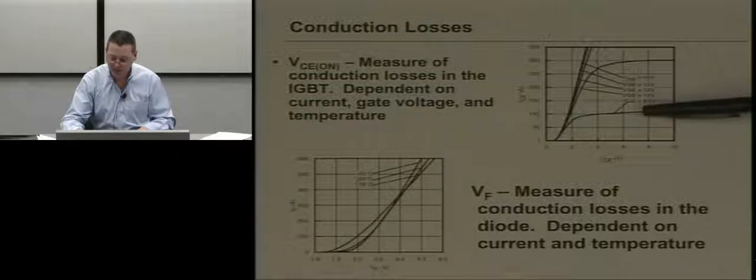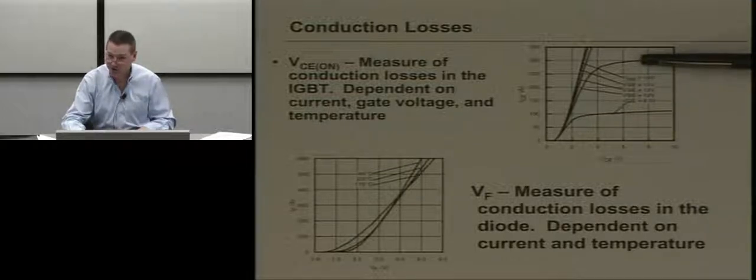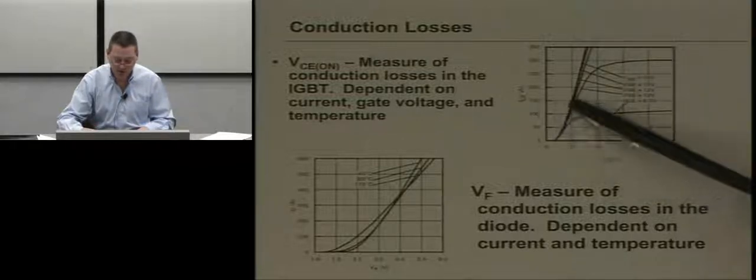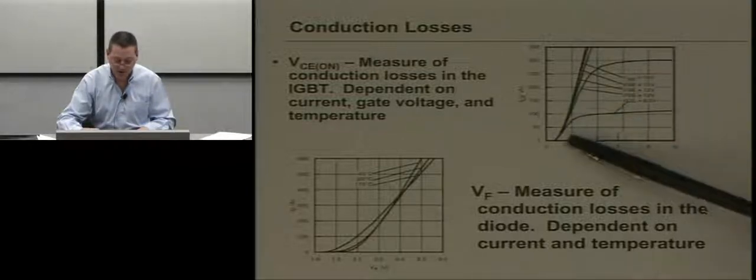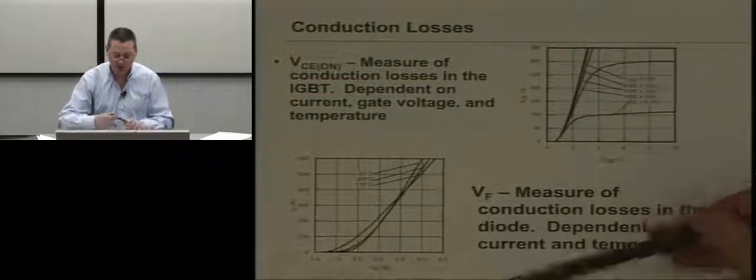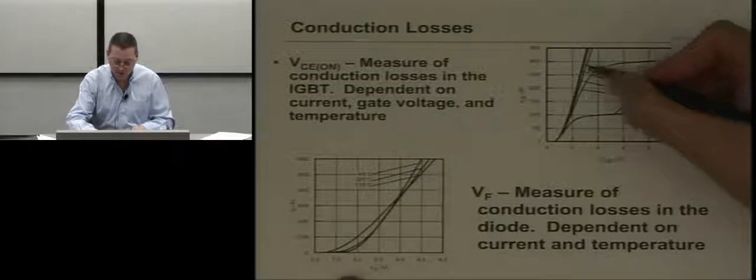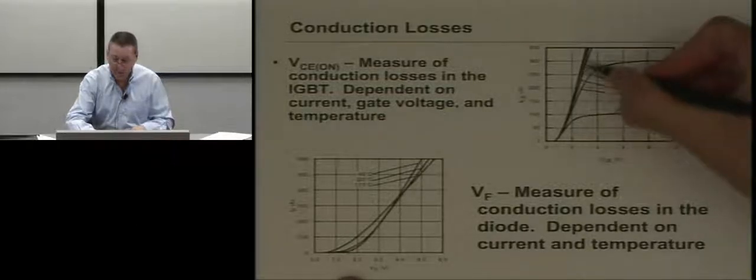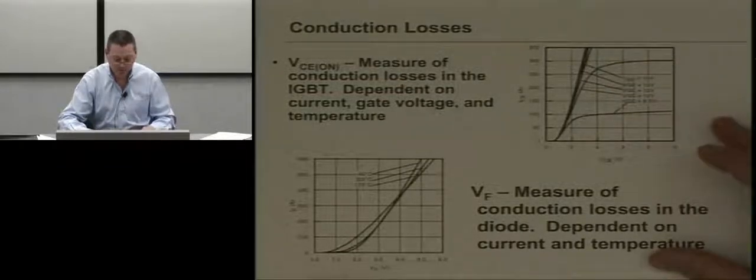You don't have thermal stability across the device to be able to share equally. So these are merely shown as reference. It doesn't imply that you should be operating it in these regions. But this kind of shows the trade-off, the VCE on versus applied collector current. And normally you're only operating on one of these lines here where you have full gate enhancement.